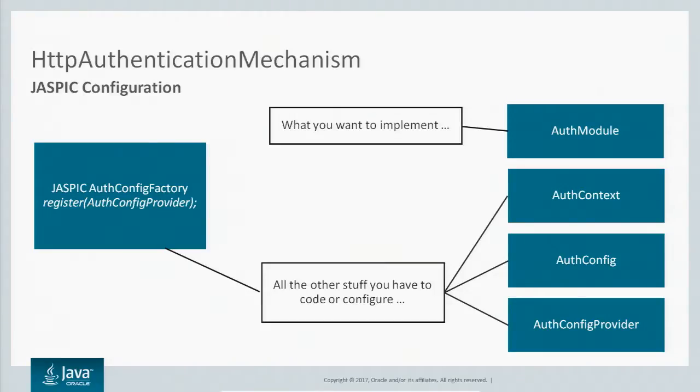But all the other stuff that you have to code or configure is the bottom three boxes on the right. And on the left, if you want to have a standard way of configuring this SAM, you need to register it yourself, which may or may not have conflicts with other things that the container might register or other apps and things like that.